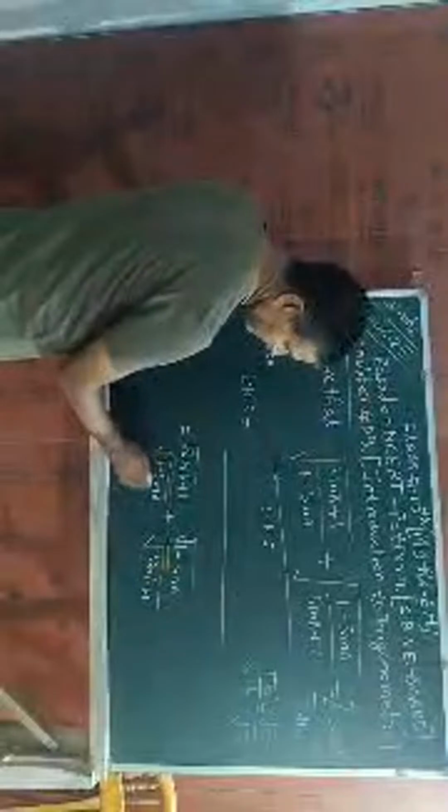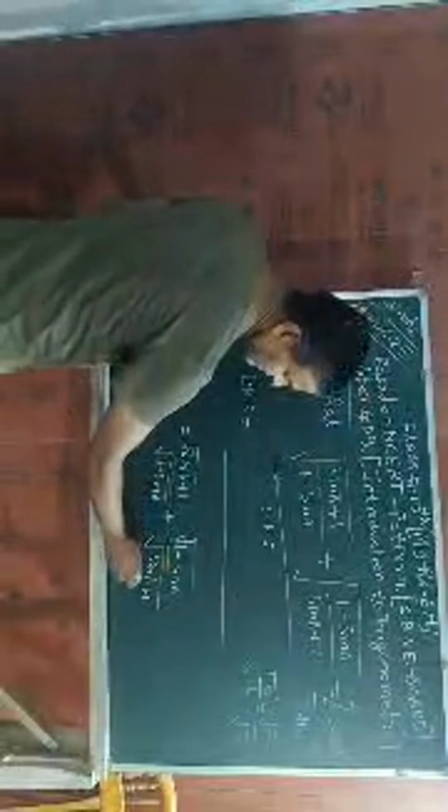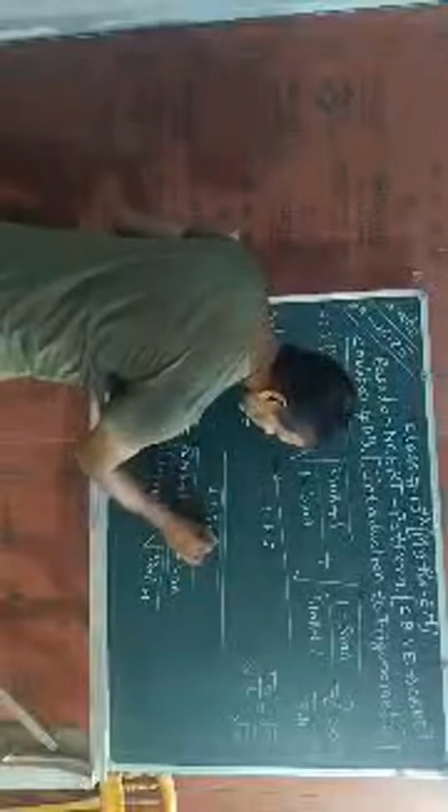So the LCM of root under 1 minus sin A and root under sin A plus 1 is root under 1 minus sin A and root under 1 plus sin A.